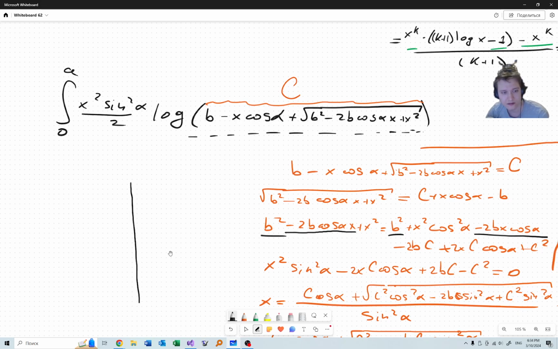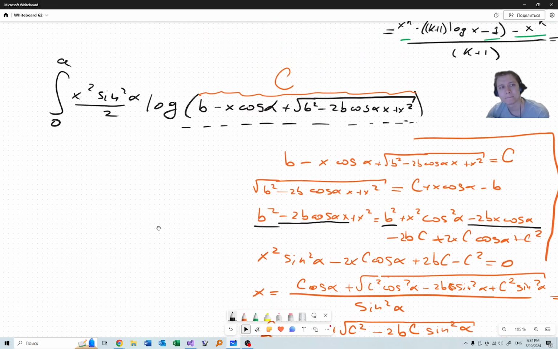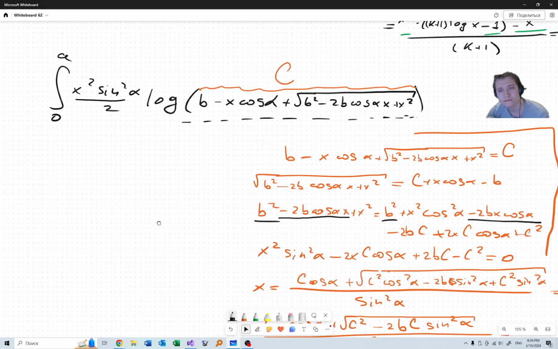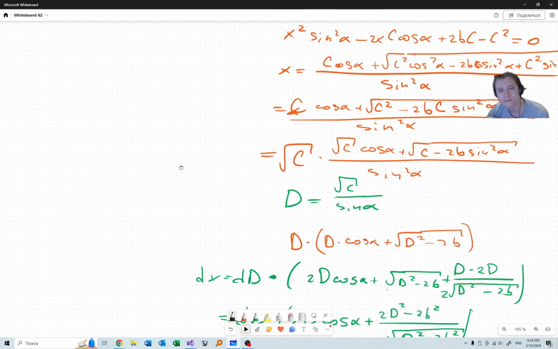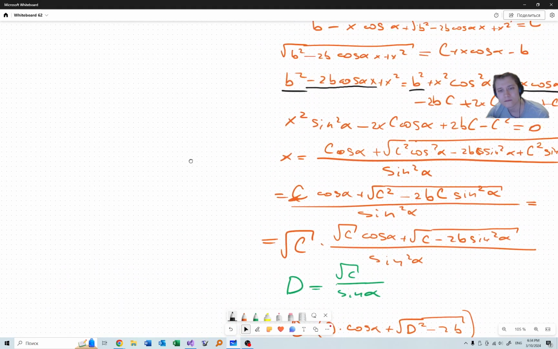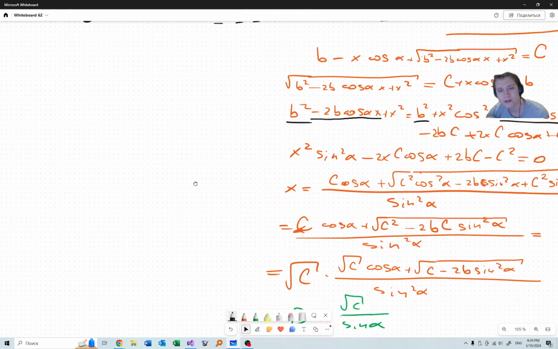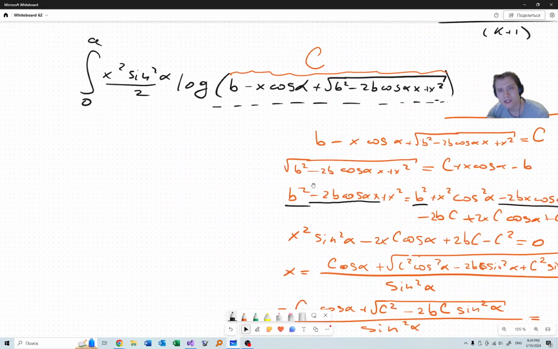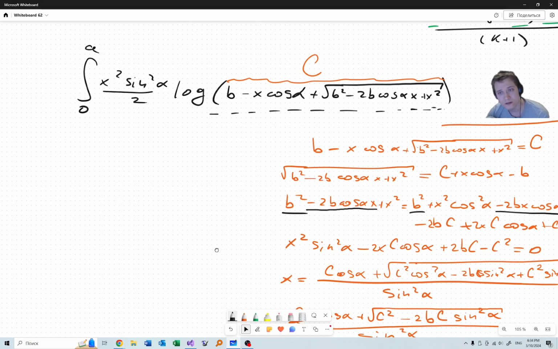So this is integral... it's c. So if I substitute 0, c is 2b.